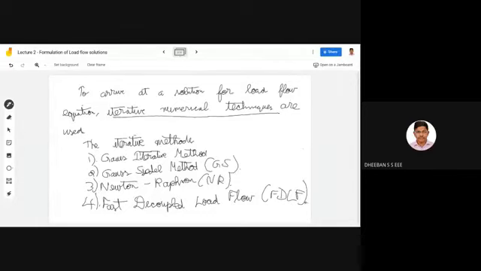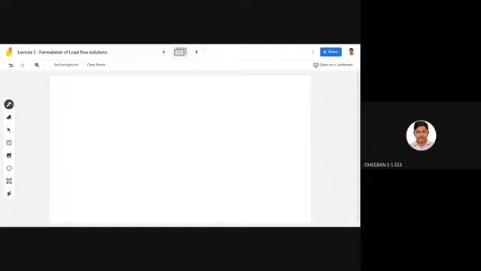So these are the four methods with which you will arrive at the solution for your load flow equation. Before getting into how, I'll recall what we have seen in the previous class. As I said, there are three types of buses.